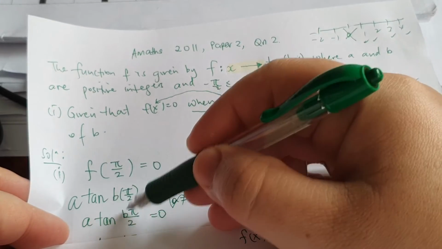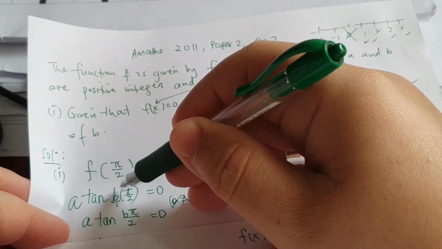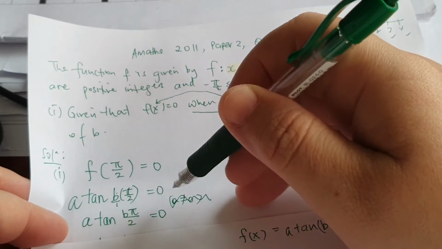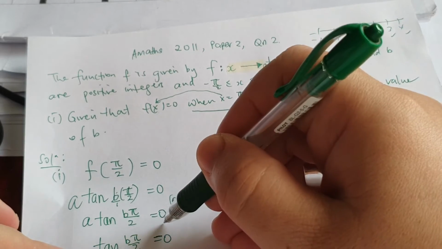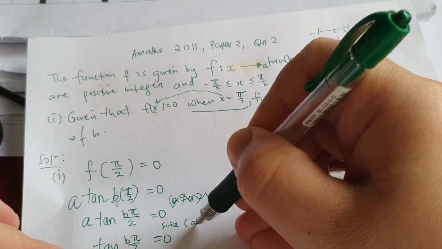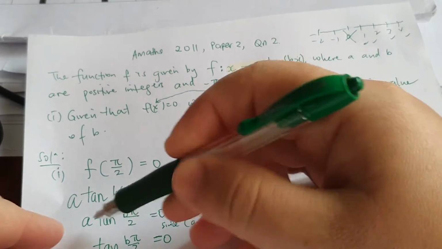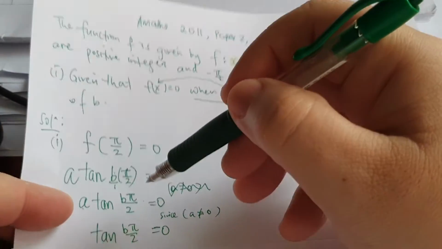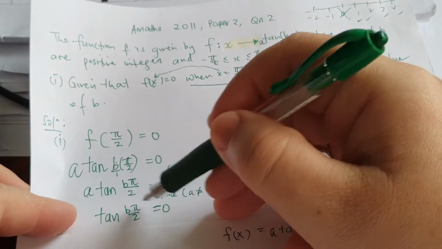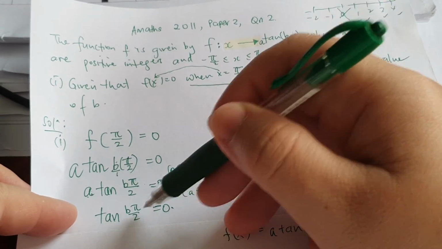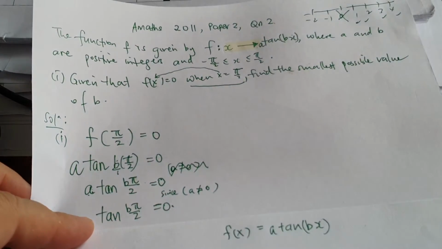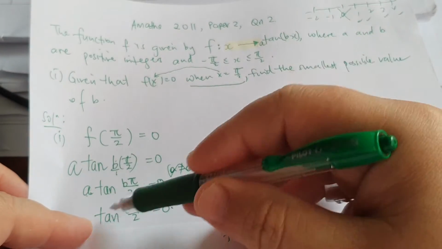I just rewrite this in the numerator here so that it's clearer. Since a is not equal to 0, I can divide both sides by a. Then I'll get this, and 0 divided by any number is 0. Now this is the part where you need to do some thinking.